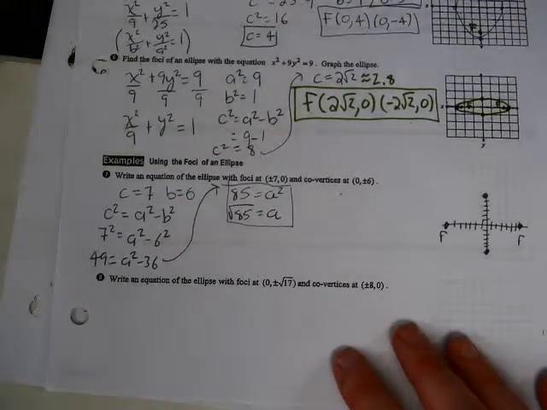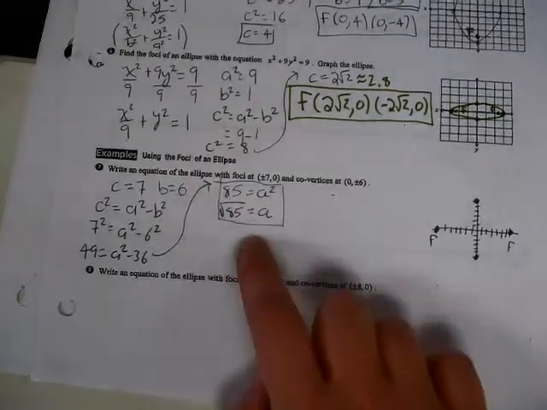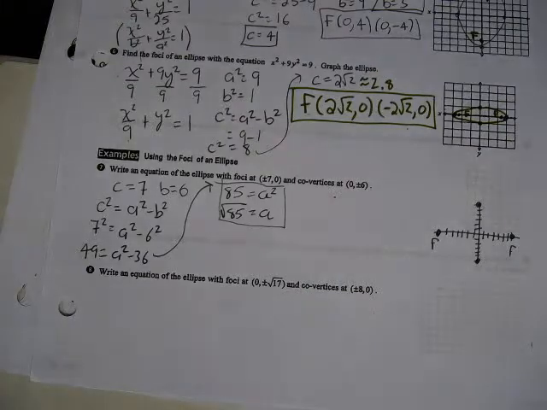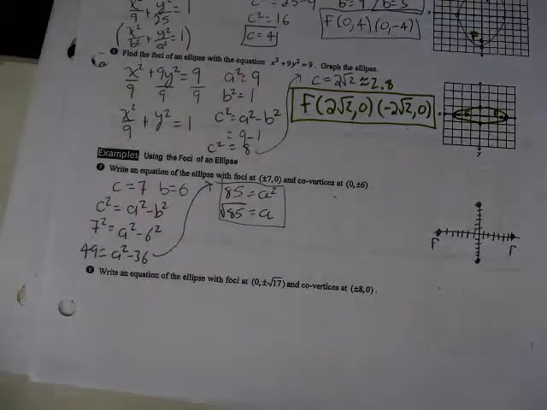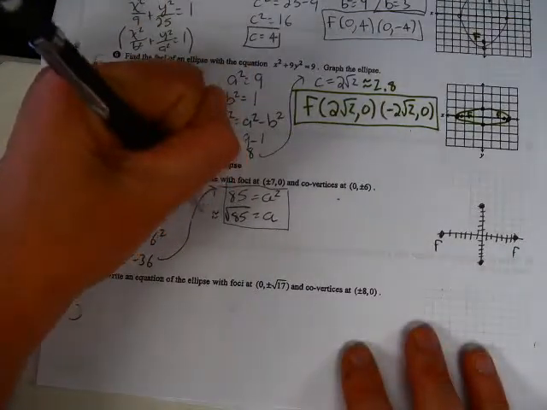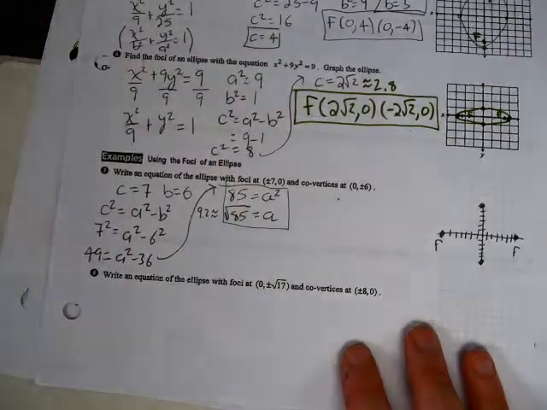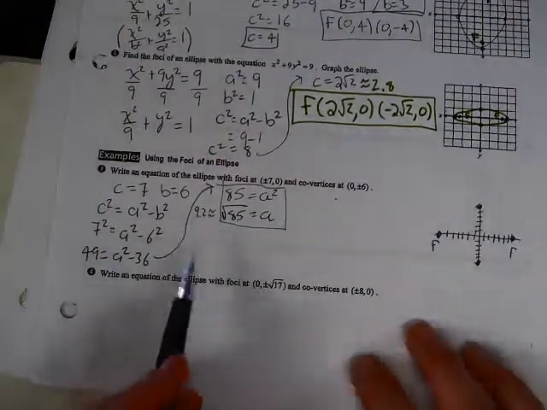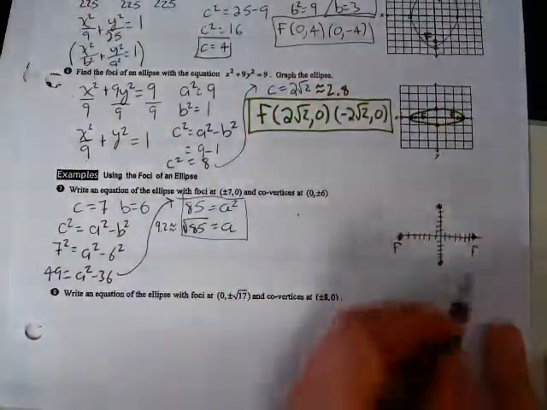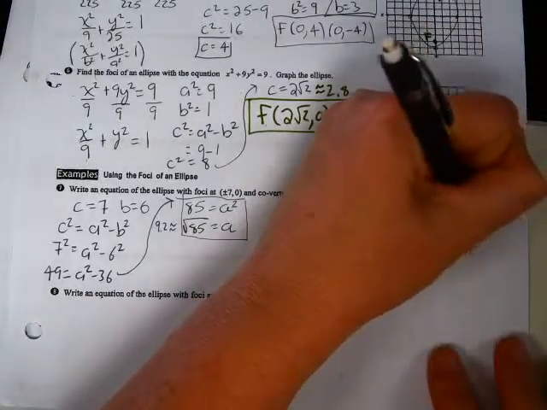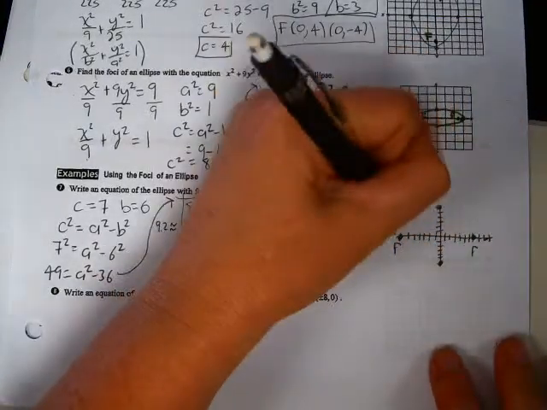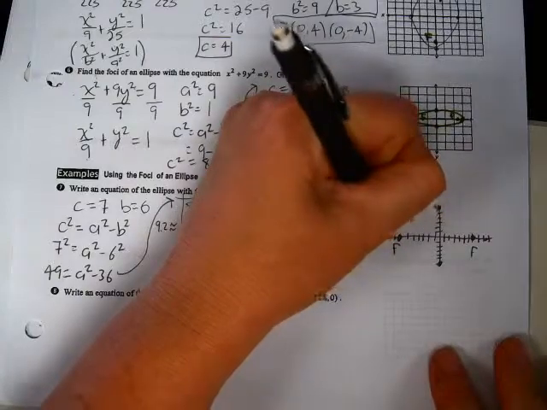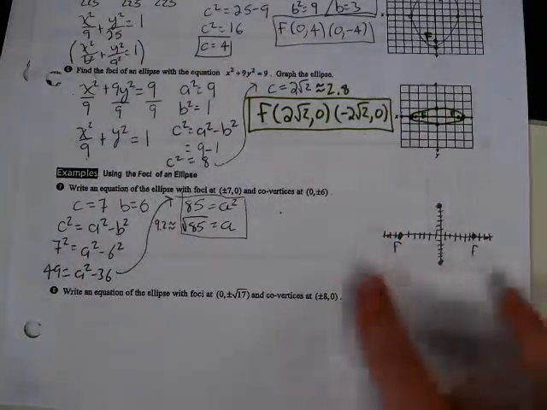So I guess at this point I'm just going to draw this in. The square root of 85 is approximately 9.2. Let's write that in there. Yes, it's approximately 9.2. So where am I? I'm at 7. Take out a few more: 9, 10. Okay, so there's my vertices.